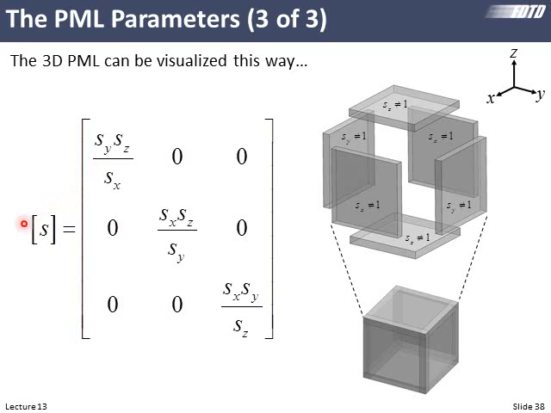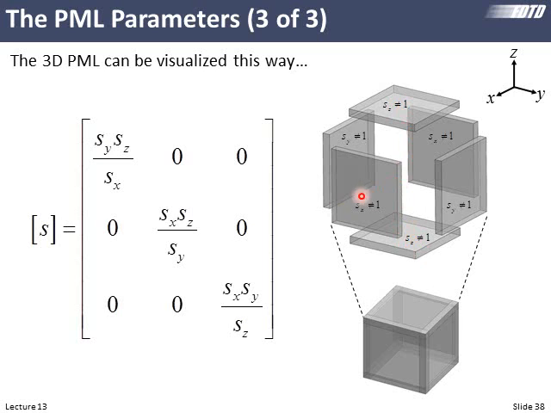So in a way, it just turns off the PML, and nothing interesting is happening on the inside. However, let's say z-axis is up and down, and we're going into this region. Suddenly S sub z becomes something other than 1, and it's complex because we're introducing loss and also controlling impedance. And S sub z becomes something other than 1 in this region, and also the same thing down here.